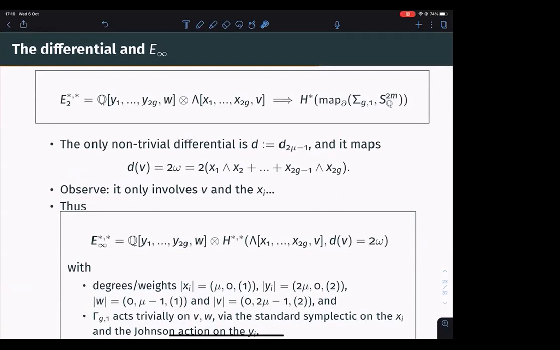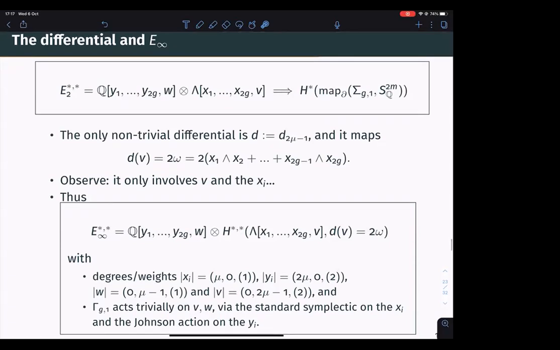Out of the generators, it vanishes on all the rest except V, where it maps V to 2 omega. This has to do with the fact that the content of the boundary word is 2 omega. I mean, it has to do precisely with that.